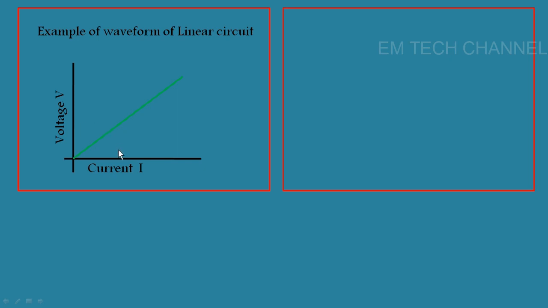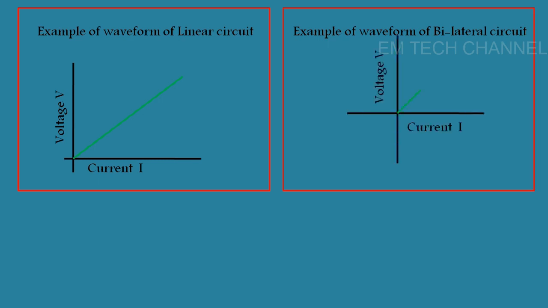In the case of a bilateral circuit, the current versus voltage also takes a linear form. In this case also, when the voltage is increased, the current also increases in the forward direction, and when the voltage is applied in reverse, it behaves the same way as it does when the voltage is given in the forward direction. This is the waveform for a bilateral circuit.